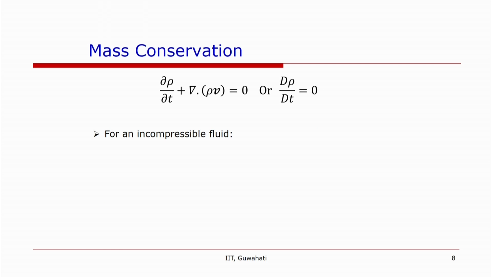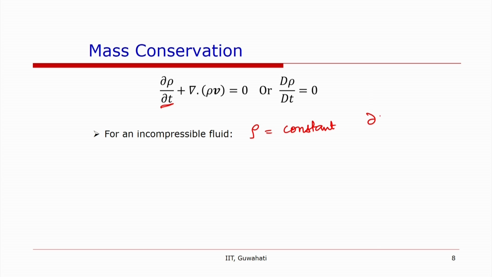The mass conservation principle states that del rho over del t plus del dot rho V is equal to 0. If you look at this, del rho over del t is the rate of change of density. For an incompressible fluid, the density is constant.